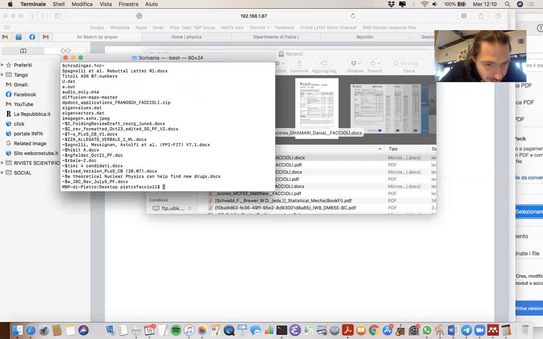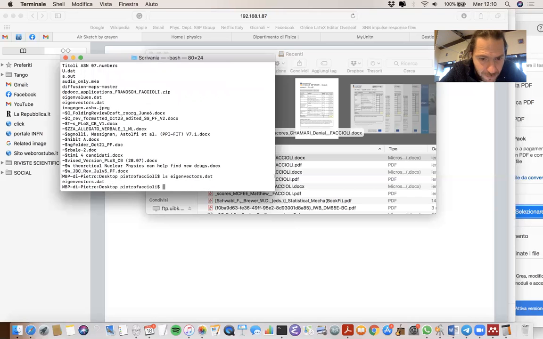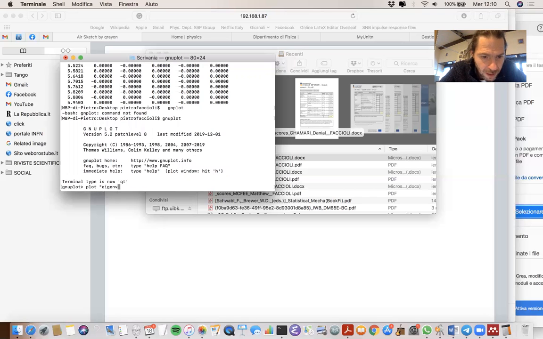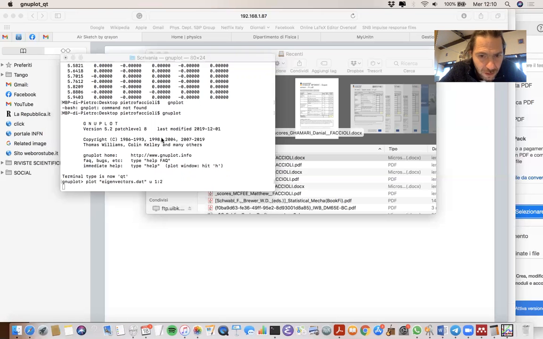Let me remind myself of the eigenvalues. How is the structure of this? Okay, fine. New plot. And I'm plotting eigenvectors using 1 and 2.